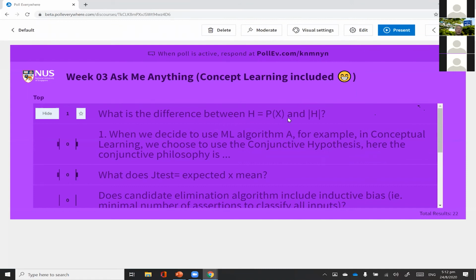So sometimes we get data and some types of data are more common than others. For example, in Singapore, it's almost always humid. There's the possibility that it's cool and dry, but not very often in Singapore. So then we can say that the P of X for some particular examples that we might have to classify are low, okay? So this is what we mean by P of X.